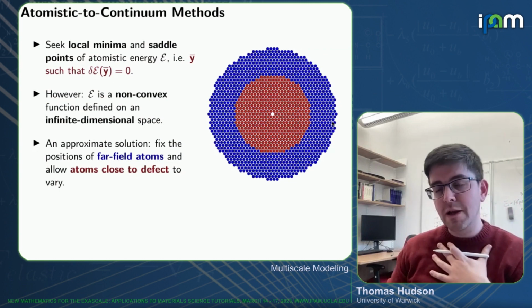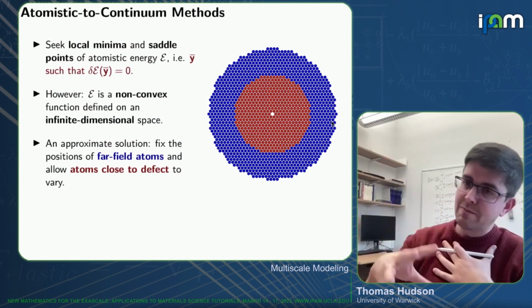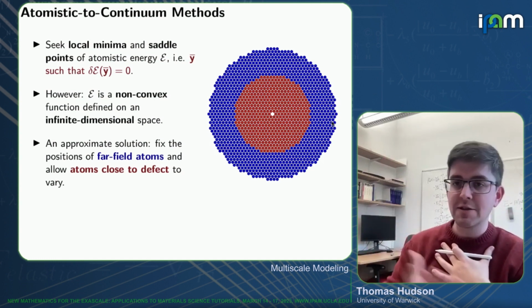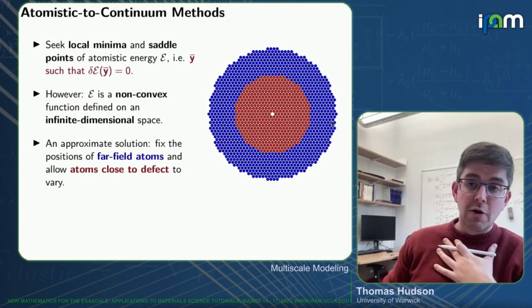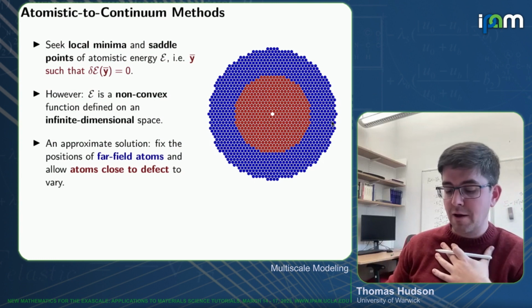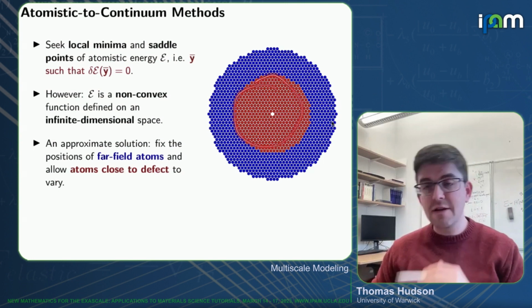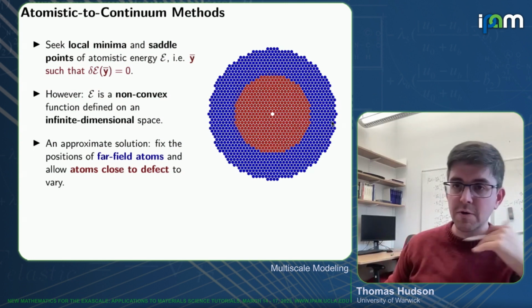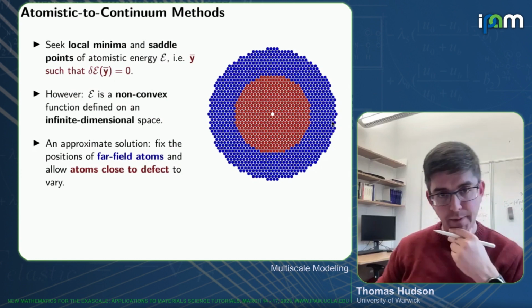And we use continuum elasticity theory to actually predict an initial guess to search for these defects in the first place. So one approach is to try to fix the far-field atoms according to some prediction that comes from continuum elasticity theory, and allow the atoms close to the defect to vary so that we can locally optimize and then find local minimizers or saddle points close to that point, right?